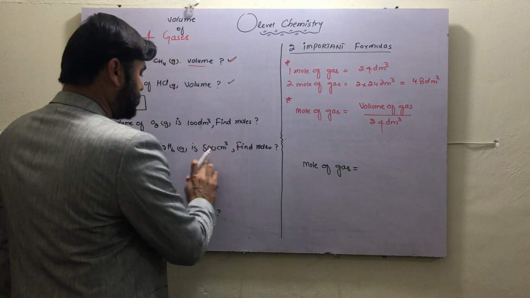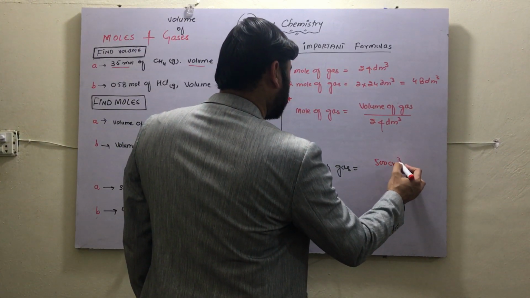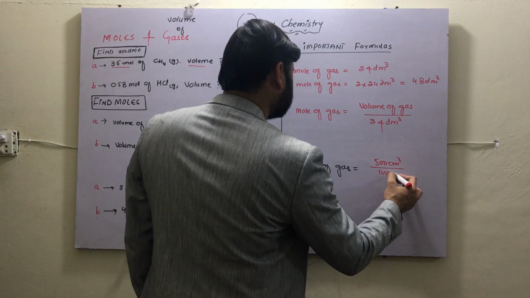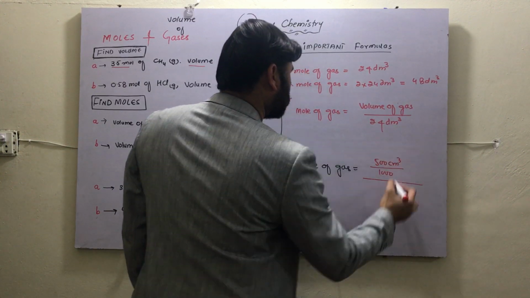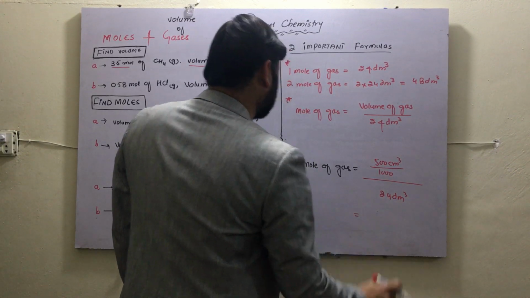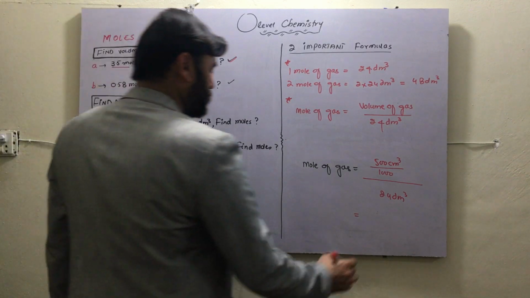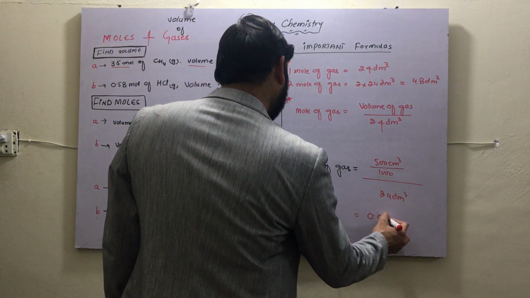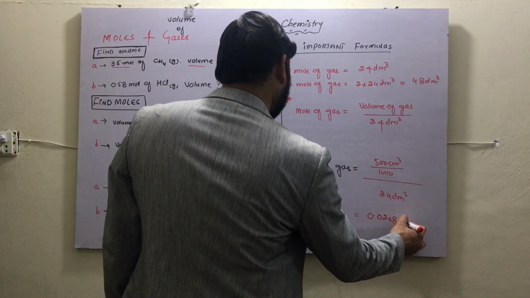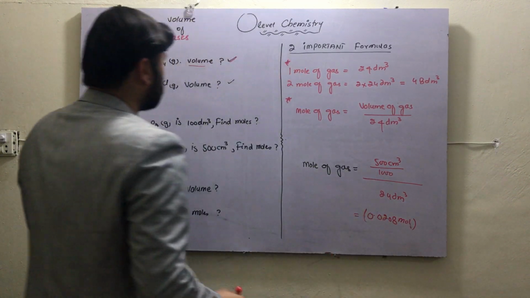The volume of gas is given, 500 centimeter cube, first divided by 1000, and volume is 24 dm cube. So you will get the answer, 0.0208. 0.0208 mole is the answer.